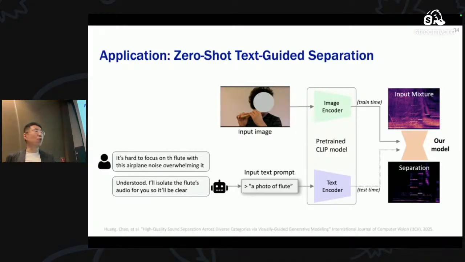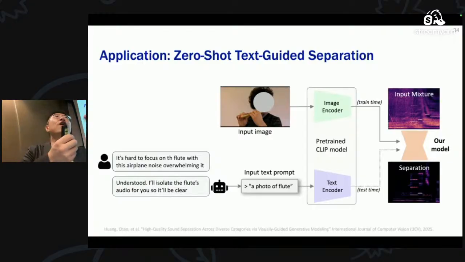Now, what we also experimented with in this sound separation is, what if we can encode this into a chat, instead of providing the image? Because it seems to us that this alignment between vision and audio only happens at the categorical level.